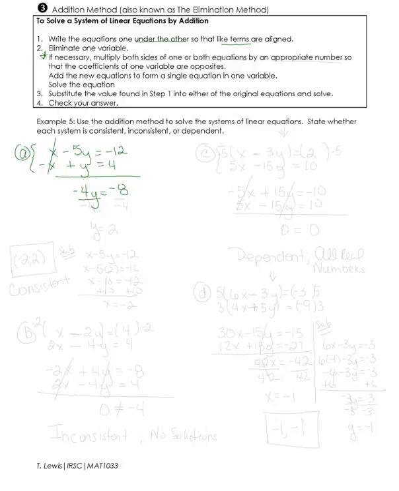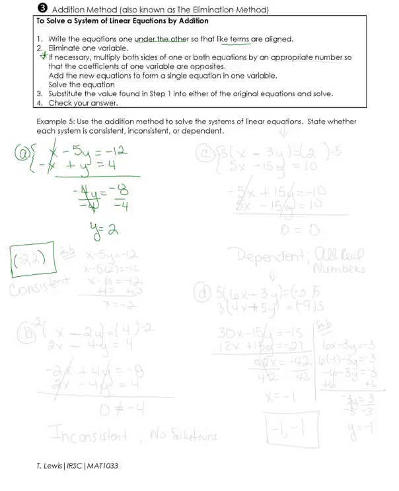And then we solve. Our goal is still to find an ordered pair. We have y is equal to negative 8 divided by negative 4. That gives us positive 2. So we're looking for an ordered pair, if possible, because it's saying state whether the system is consistent, inconsistent, or dependent.